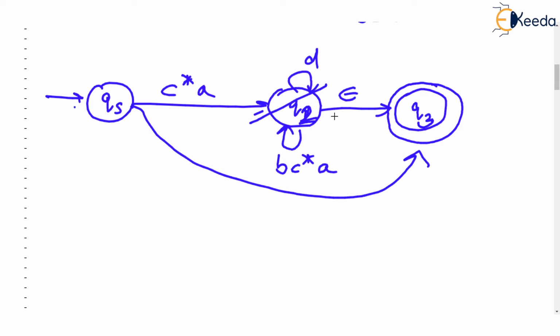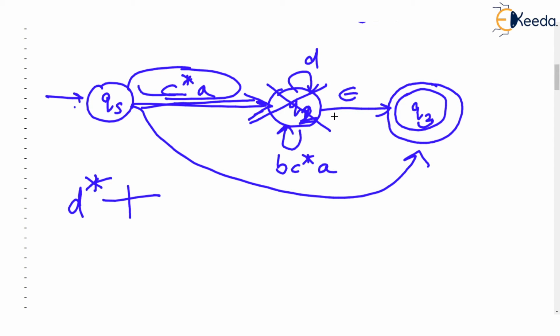So what comes in the way as a regular expression? Clearly C star A. C star A will take us to Q2 and now Q2 is getting deleted. So what else are we going to sacrifice if we delete Q2? We are going to sacrifice the D loop, isn't it? D star. Or, because it is either this or this. How will you write this? This is B C star A repeated.